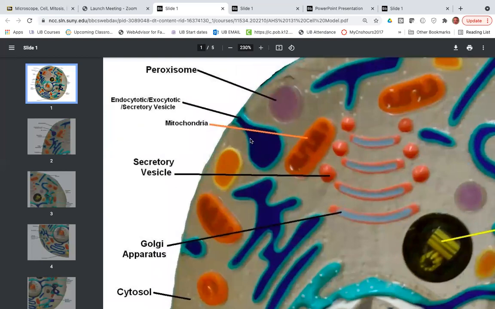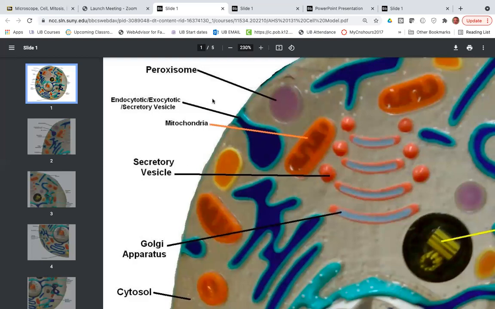It's called a secretory vessel. It looks like a light bulb, and it opens up to the cell membrane, and it says exocytosis or endocytosis. Exocytosis is this vessel's ability to release its contents outside of the cell or to become part of the cell membrane wall. Endocytosis is the ability of bringing or drawing something into the cell. Endo is in, exo is like exit out.